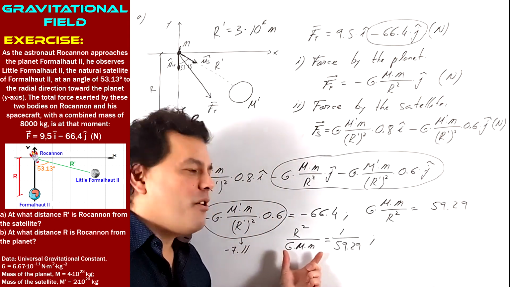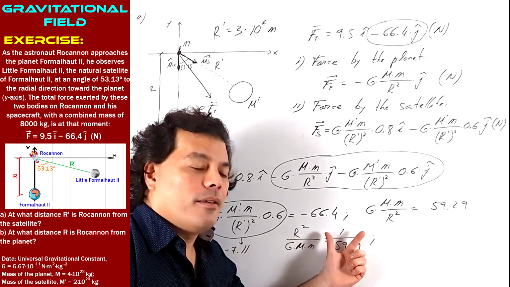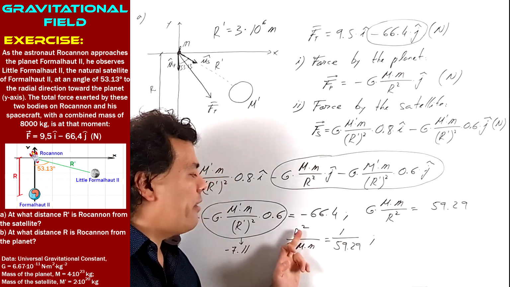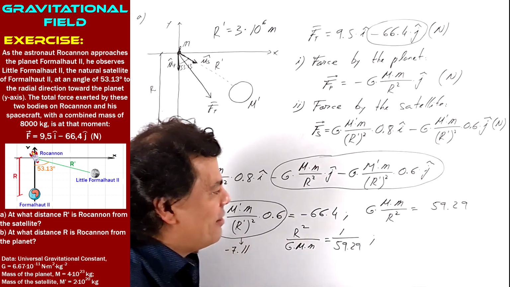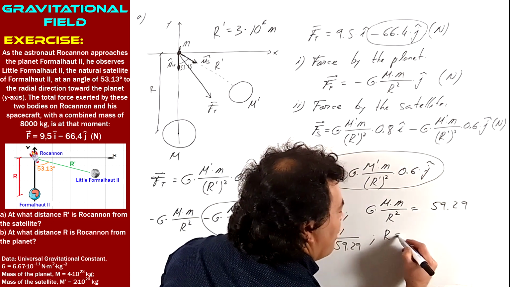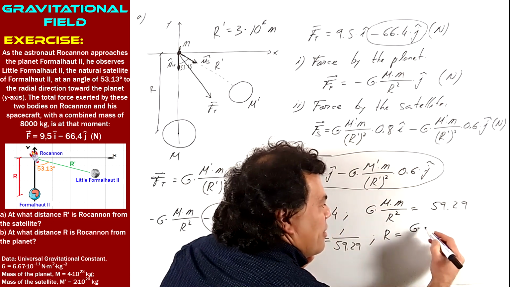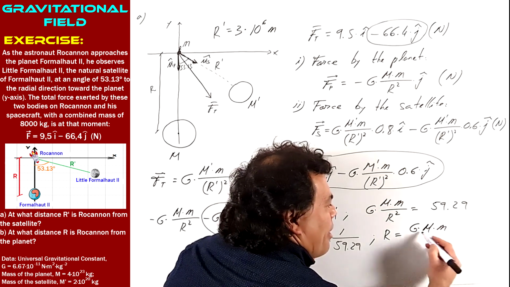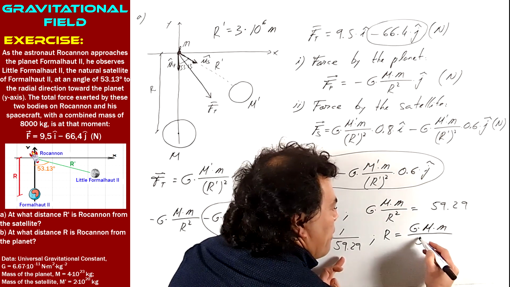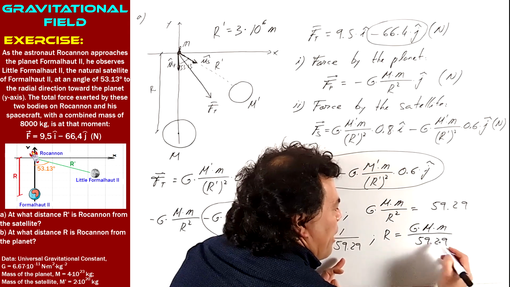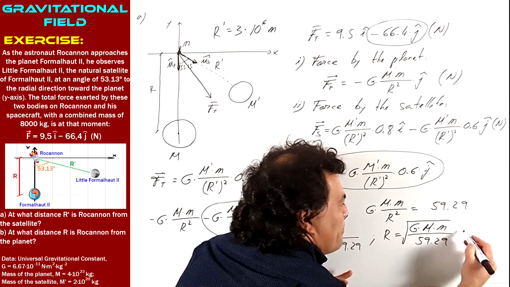This denominator will fly to the right side at the numerator, and finally square root, that is r equals G M divided by 59.29 and square root.